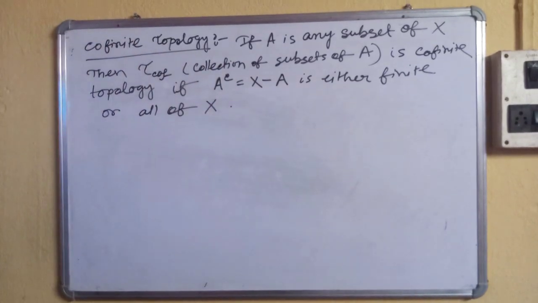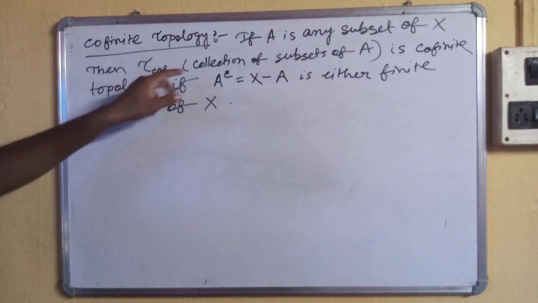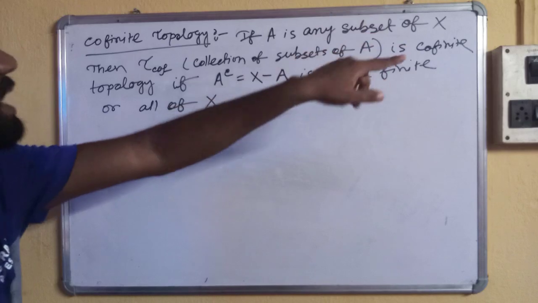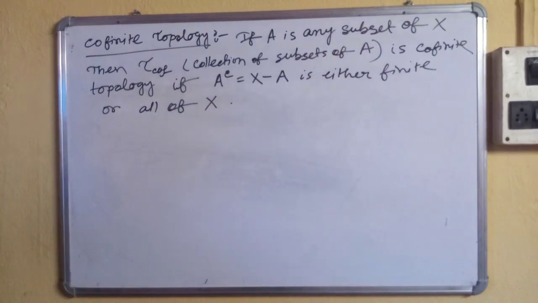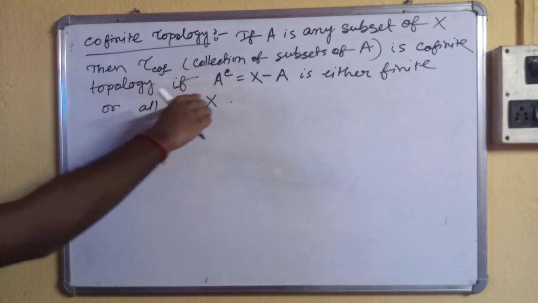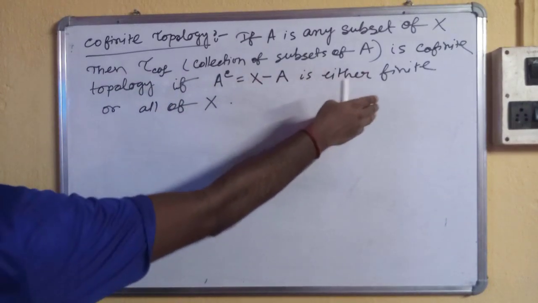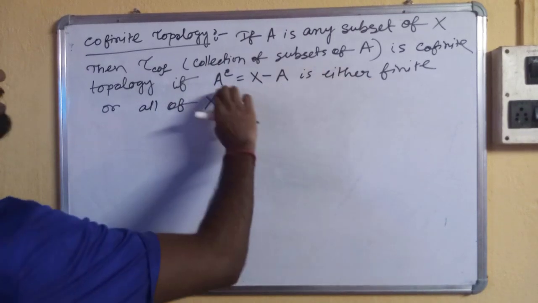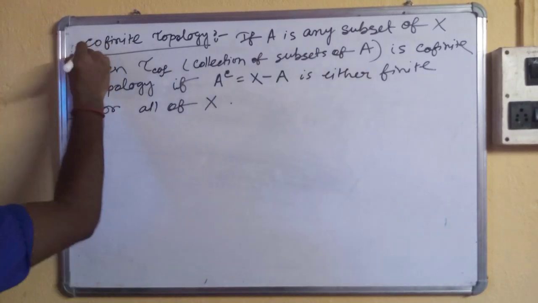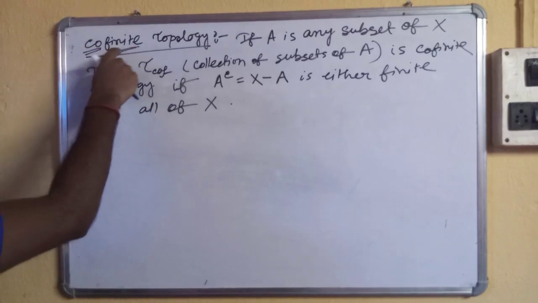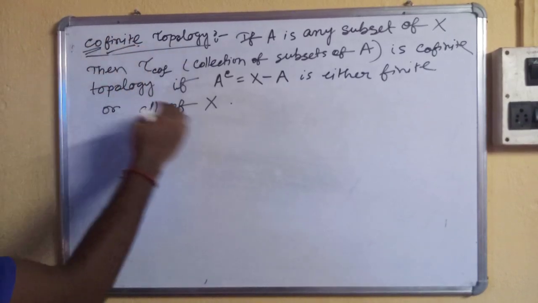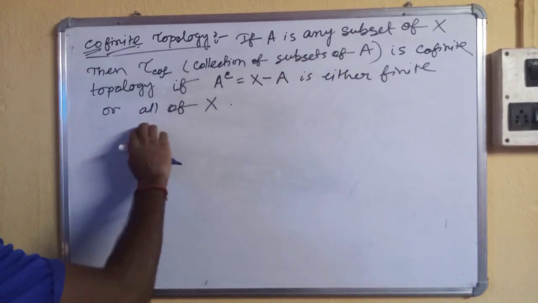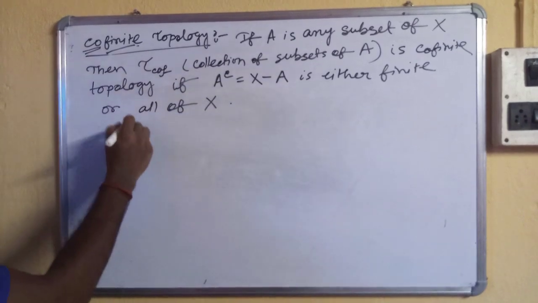That is, tau cof, which is the collection of subsets of A, where A is any subset of x, is said to be cofinite topology if the complement of A is either finite or all of x. That complement is finite, so it is cofinite. Co means complement, and finite you know what is the finite set.